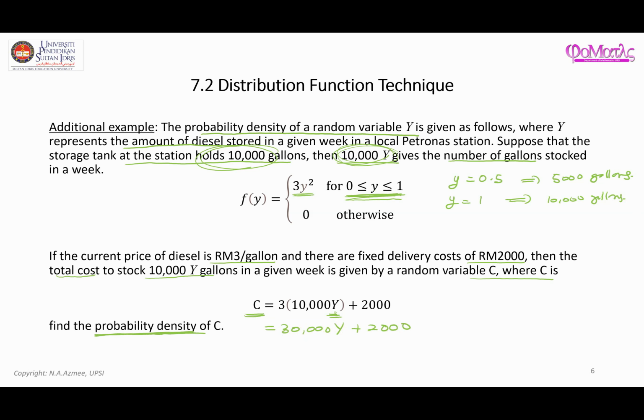Now, in order to do that, let us continue the process here. We want to find the PDF of C, and the process starts with the first step, finding the big F for small c, a specific value of C. So the big F for c is equal to the probability that big C, our random variable, takes a value less than or equal to small c.